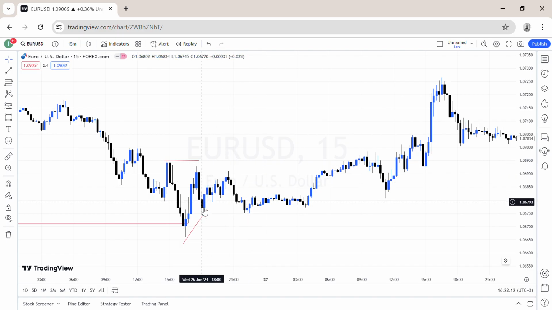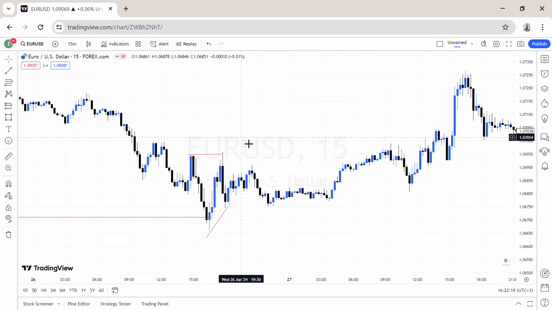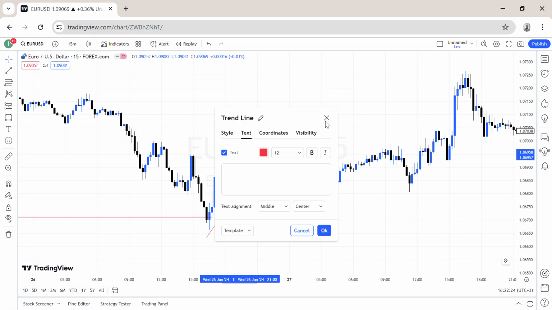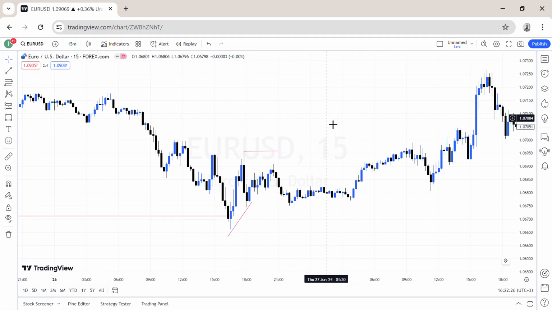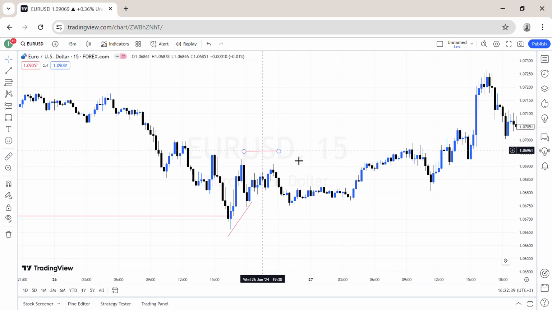Now, if this failed to break below this low, trading higher, I would want to see this high being broken, or rather being displaced. So I'd want to see candles closing above this high, and that would validate my expectations that that is a valid market structure shift.